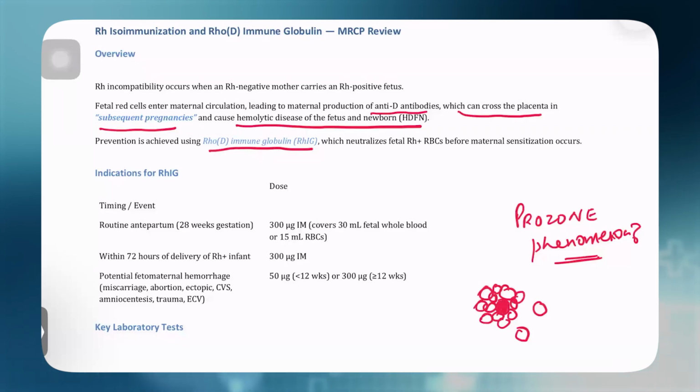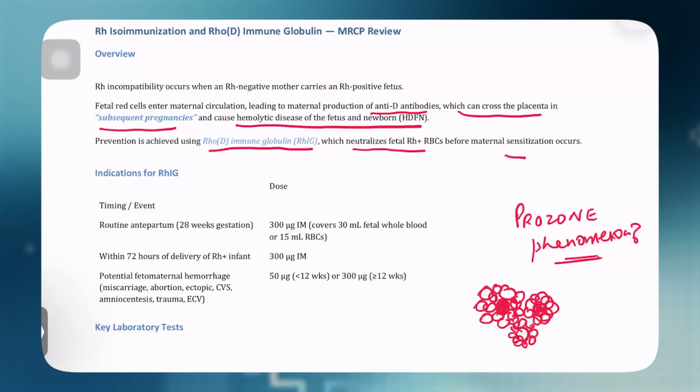So what you see here is that there are so many antibodies that they have completely covered the antigen, and the antigen is not available for being exposed to the maternal blood to produce antibodies. So it is very important that you give immunoglobulin so much that it neutralizes the fetal Rh positive RBCs before the sensitization occurs.